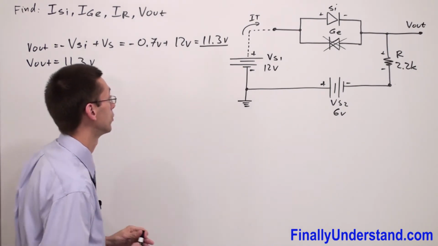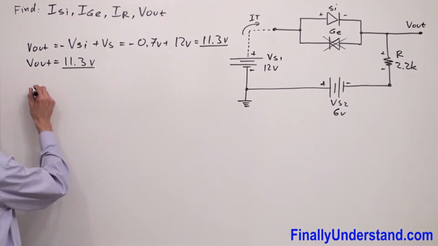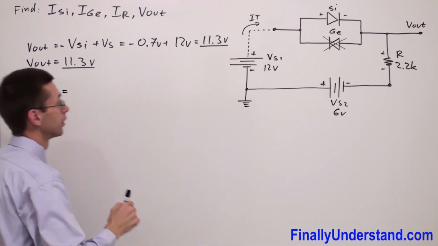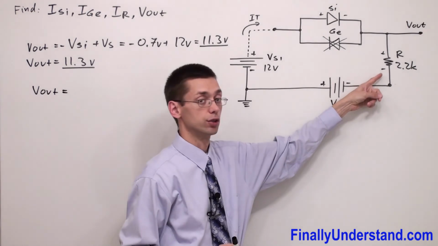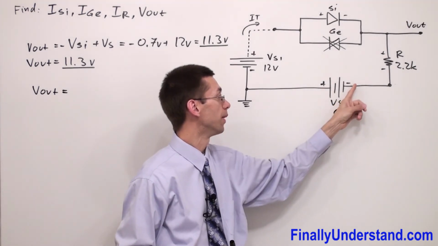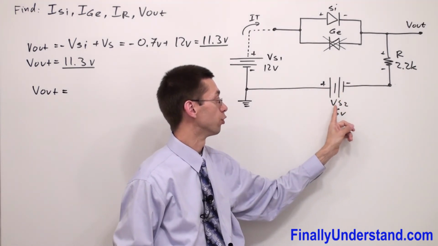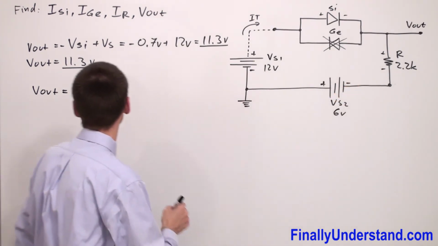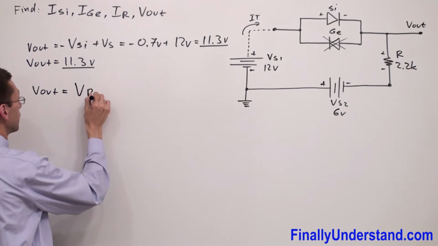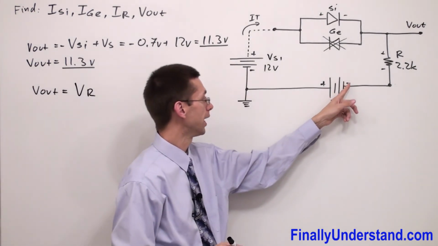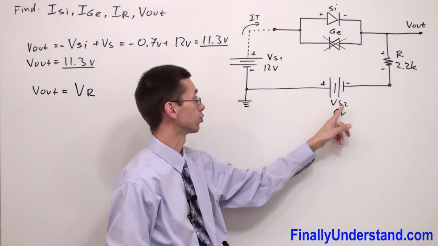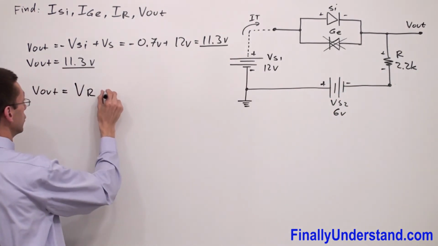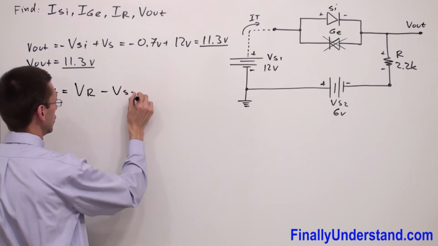So in order to do so, we can write that V out is also equal to the voltage across the resistor minus voltage source 2, because I have positive. Okay, so I'm going to write VR, and I have minus voltage source 2 because I'm going this way this time.